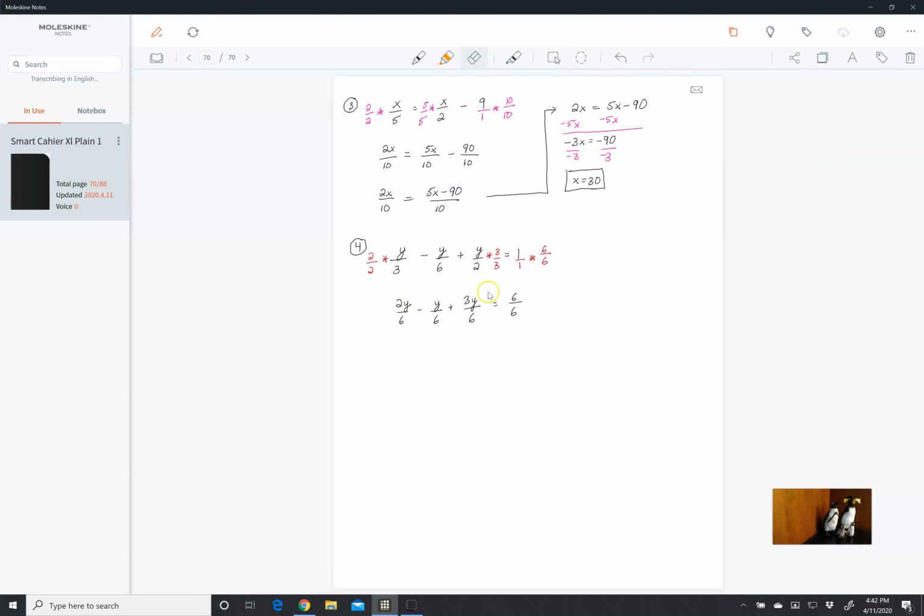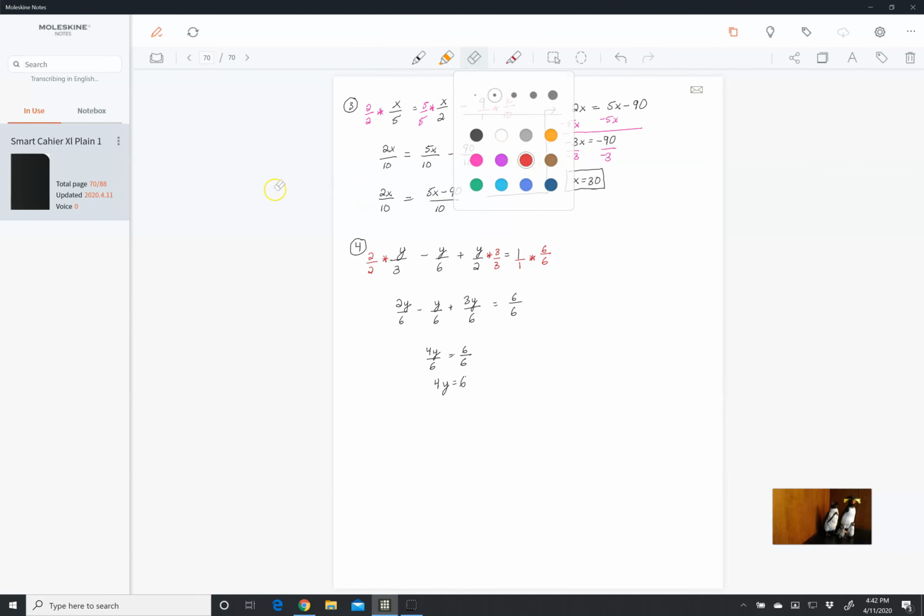Okay, and we can just do all of these at once. 2y minus y plus 3y. So we have a y plus 3y, or a 4y. So 4y over 6 is equal to 6 over 6. And at this point, 4y is equal to 6. Right, we set our numerators equal to each other.